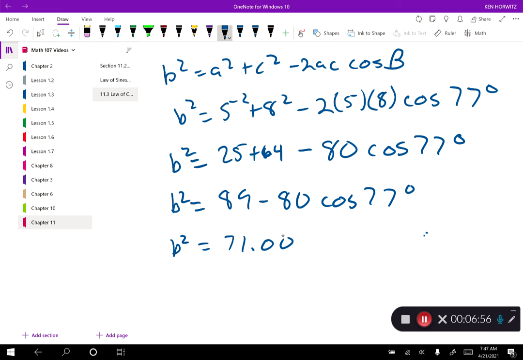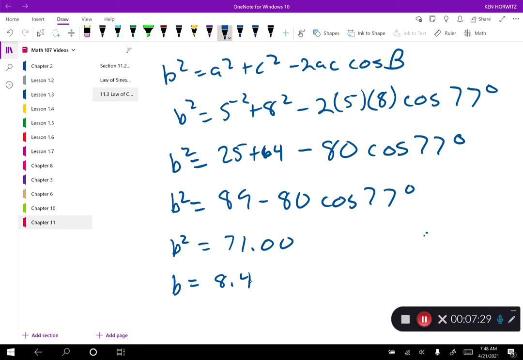And when you do the square root of your answer, I got b equals 8.4 about. So there, I got side B. And again, no one would reasonably expect you to not use your calculator to get the square root of 71.